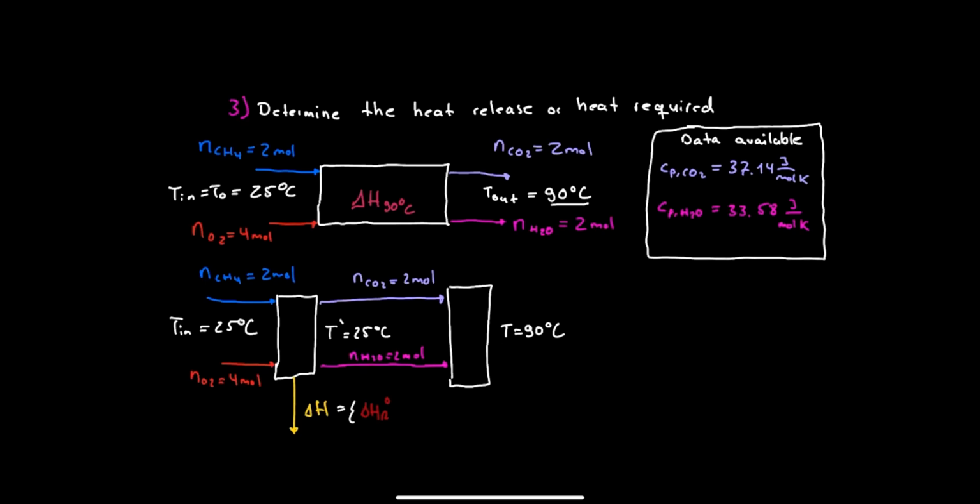From the heat release of the reaction, we will use some of its energy, delta Q, to heat up the products to 90 degrees. So we have the same amount of the products, but just heated up to 90 degrees.